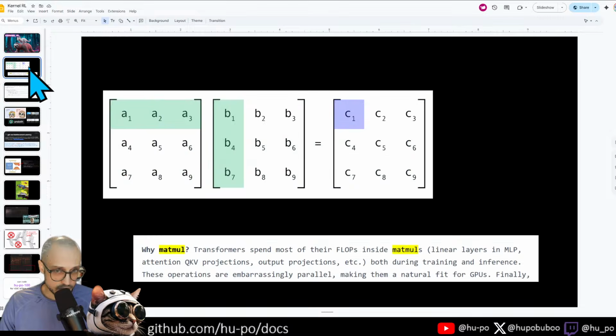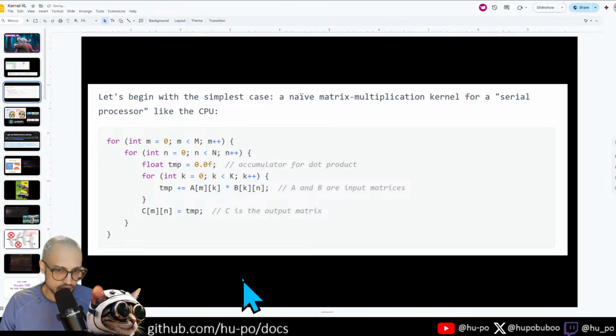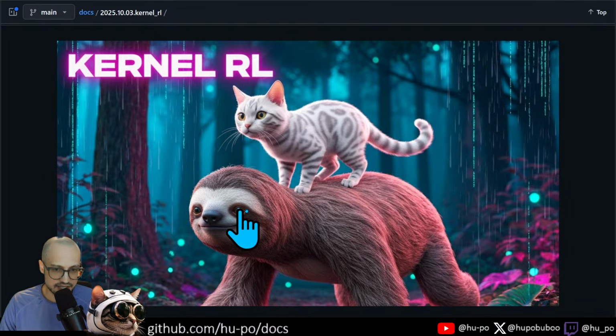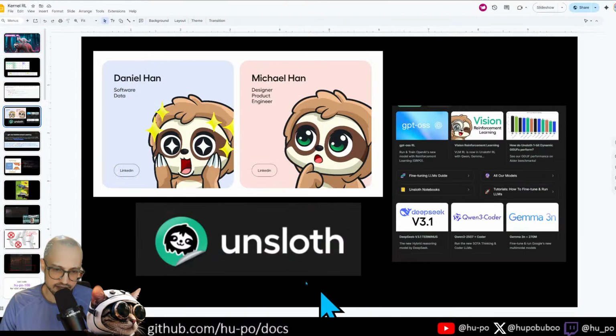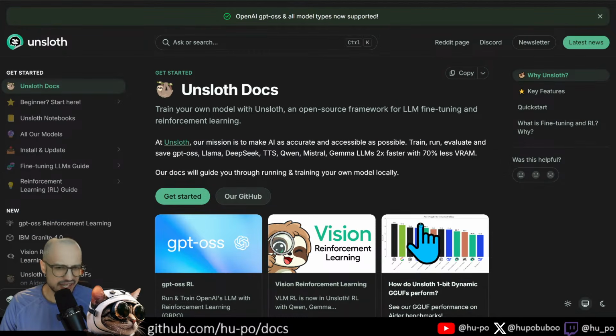So the question we're asking is, could we use reinforcement learning to design a better version of this? And that's where I'm going to introduce the second part of this thumbnail, which is this sloth. We're going to be using this startup. I don't exactly know what to call them, a software startup, machine learning startup, but they make these kind of training recipes or notebooks, if you want to call them that.